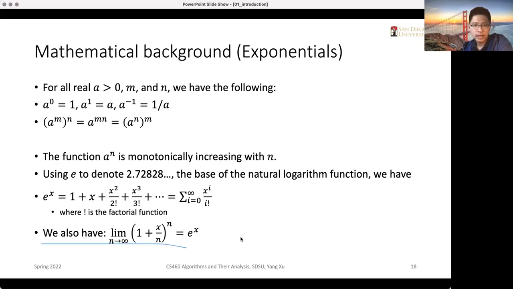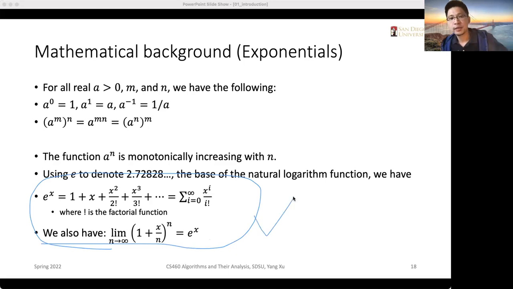It doesn't mean that we have to fully understand why these equations are valid, but it may be useful for some of the proofs of the theorems that we will need to learn about divide and conquer algorithms.